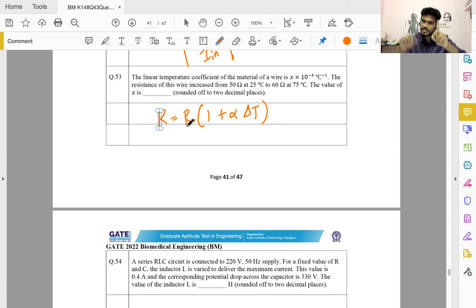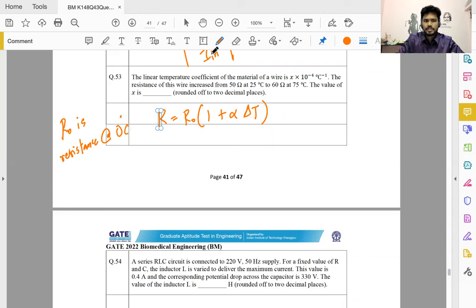R naught is not any resistance, just like with this thermistor, you have an exponential fit, give me one value, I'll find another value. That's not the way to interpret R naught. R naught is resistance at 0. And typically if alpha is in degree Celsius, this is in degree Celsius.